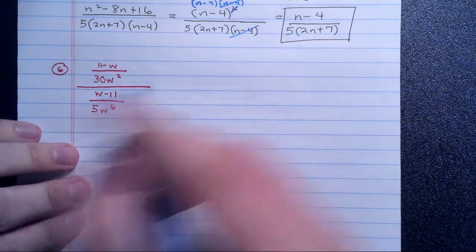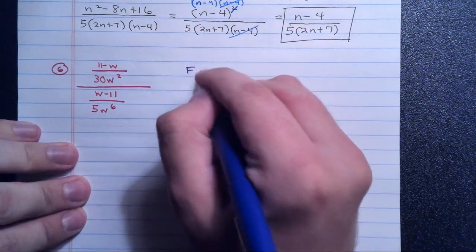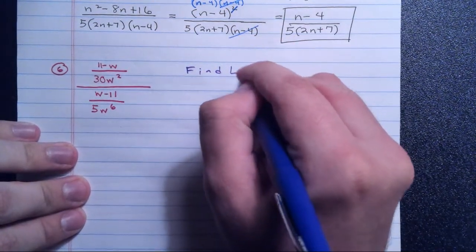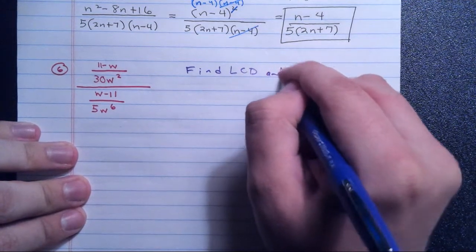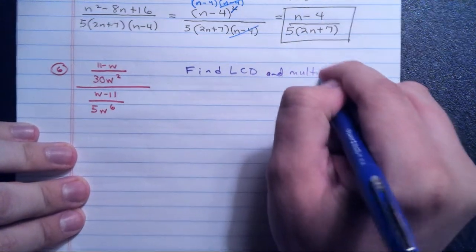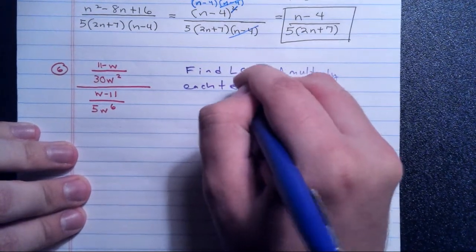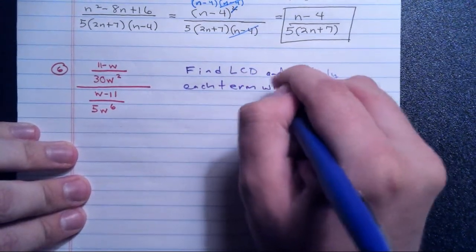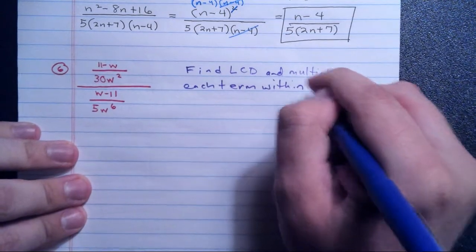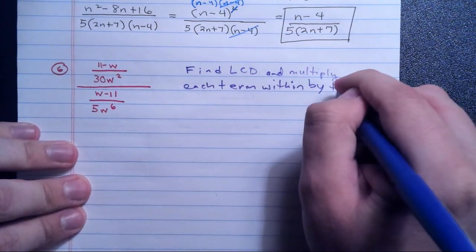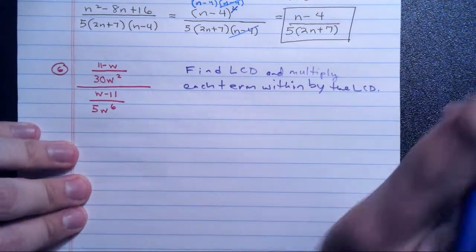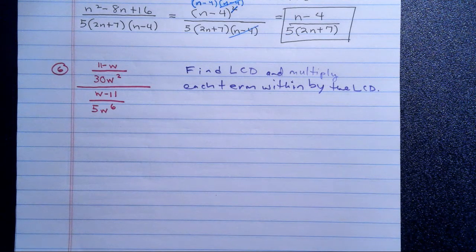Now, the general process for a complex fraction is to find the LCD and multiply each term within by that LCD.